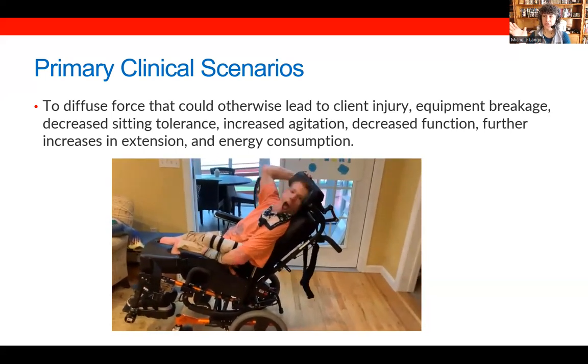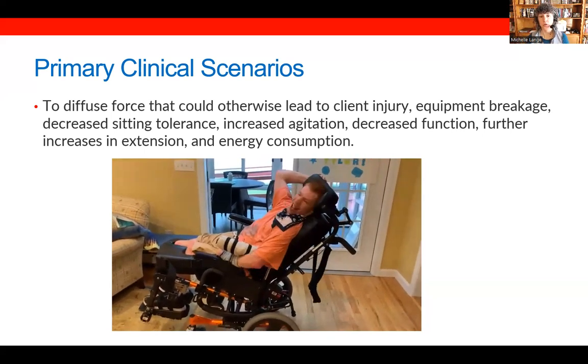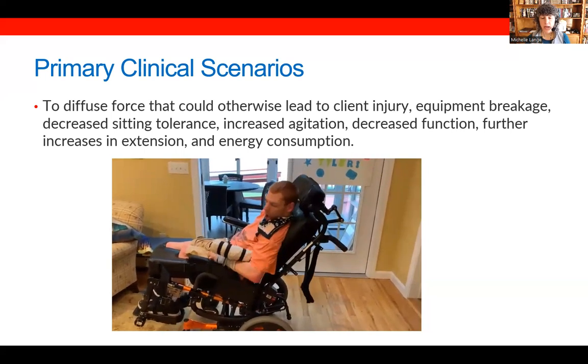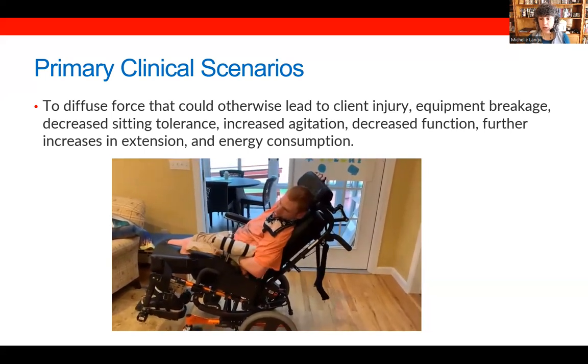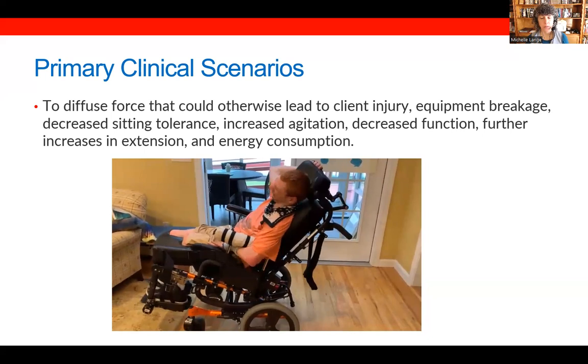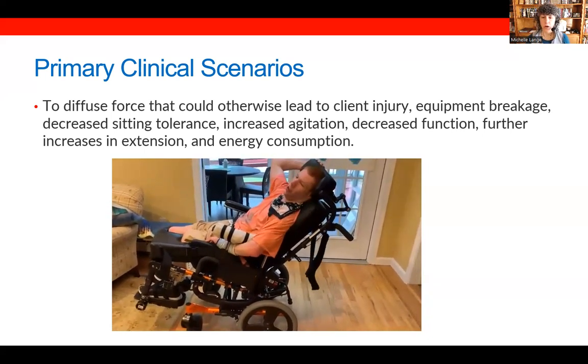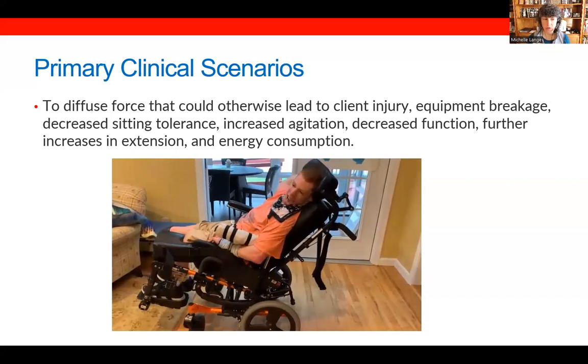Instead, we want that surface to yield so that tone is diffused. This young man has a dynamic footrest, dynamic headrest, and dynamic back, and that movement is diffusing a great deal of his significant forces.